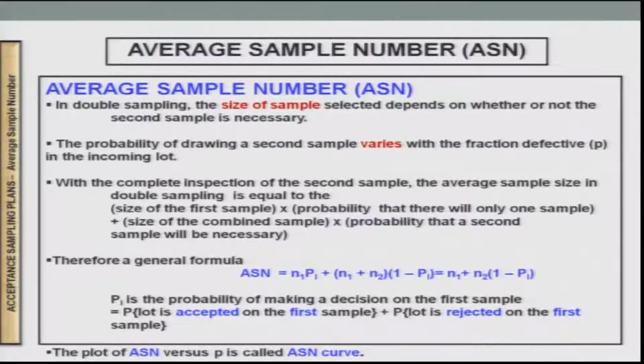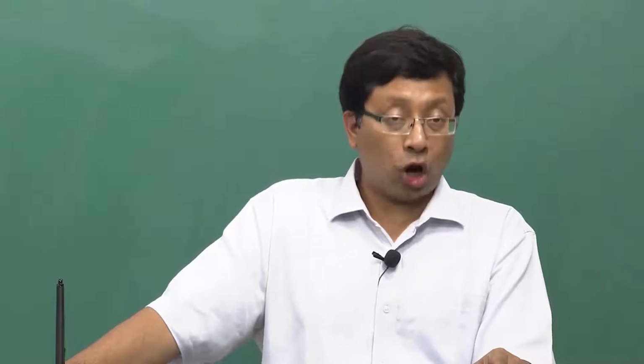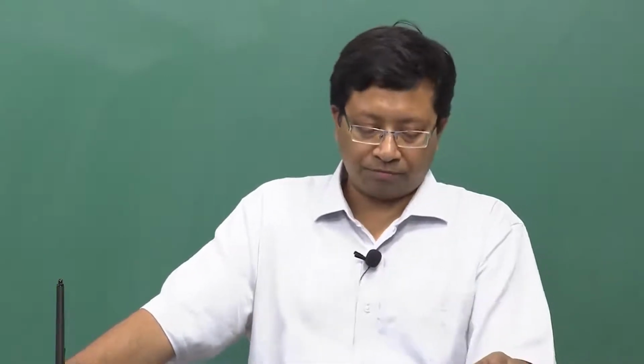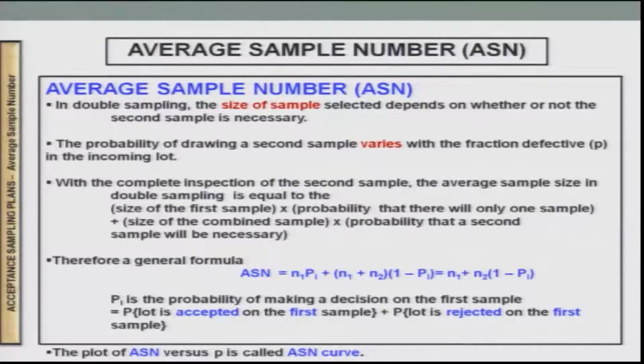So, there would be algorithms, a set of patterns of rules which you will follow. Obviously it will mean that you will only sample in the second lot, considering it is double sampling, provided the first criterion is not met. If it is met, obviously you will stop. That is known as the stopping criterion. The probability of drawing a second sample varies with the fractional defective in the lot.